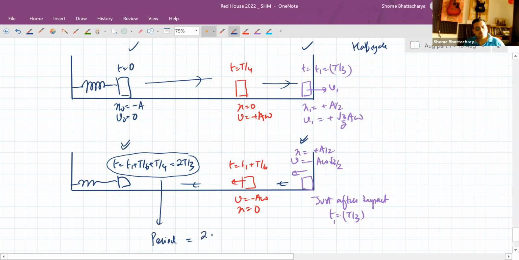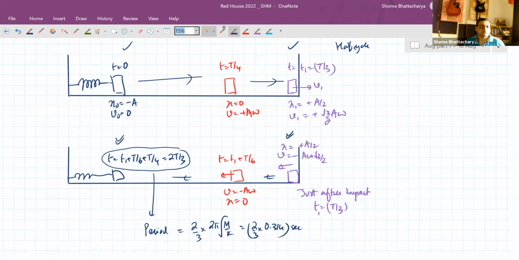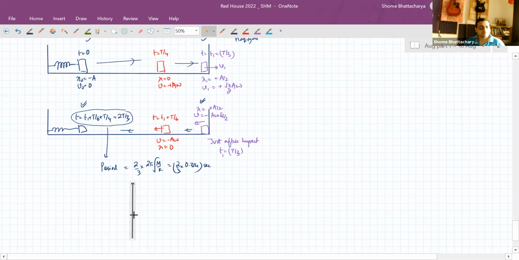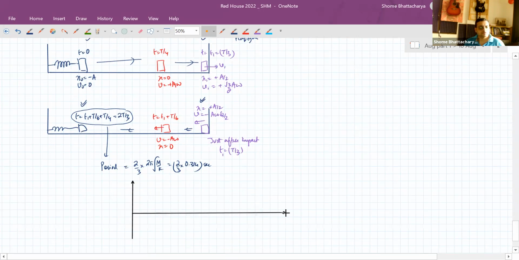It will be 2 times 2 by 3 of capital T, this will be the time. So if you visualize the x versus t graph, you'll see that it's not an SHM because it doesn't complete the cyclical motion.